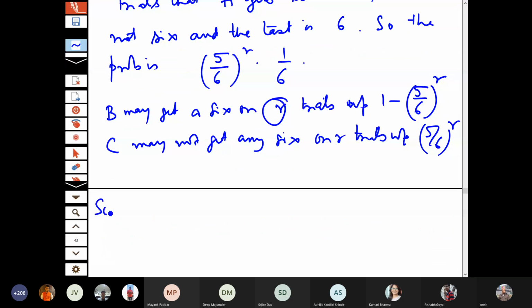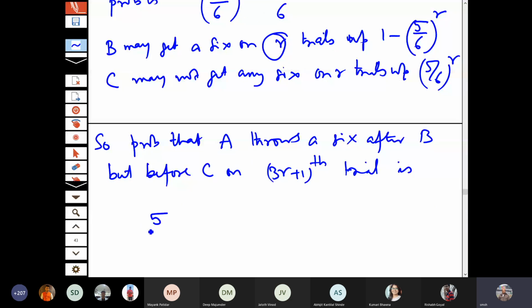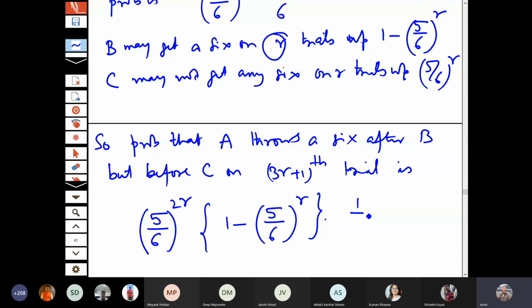So we are saying the probability that A throws a 6 after B but before C on the 3R plus 1th trial is 5 by 6 to the power R, into 5 by 6 to the power R, so it becomes 5 by 6 to the power 2R, into 1 minus 5 by 6 to the power R, and then 1 by 6.